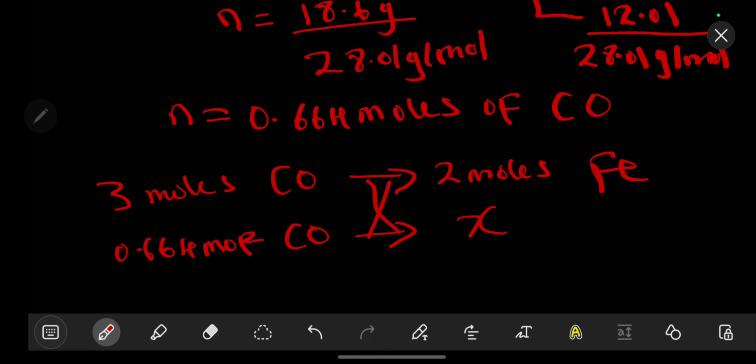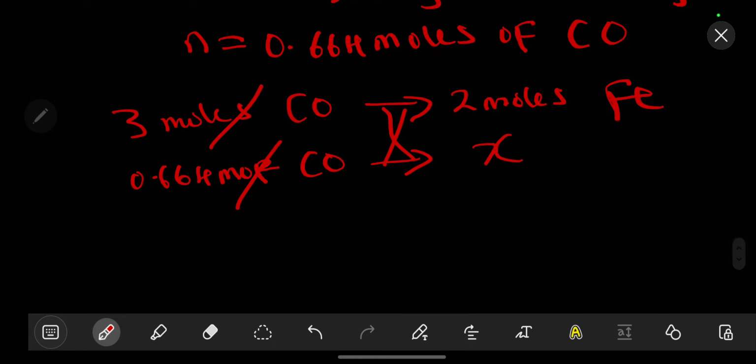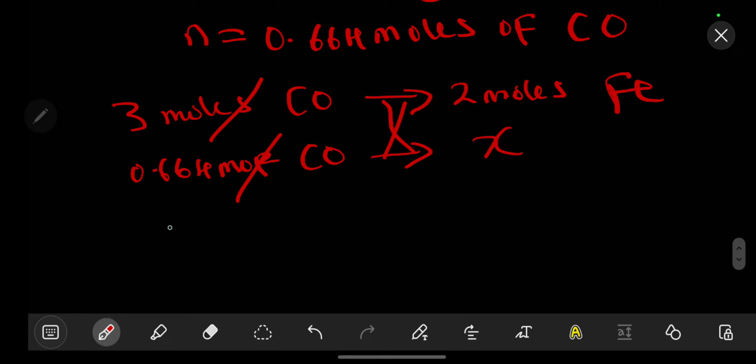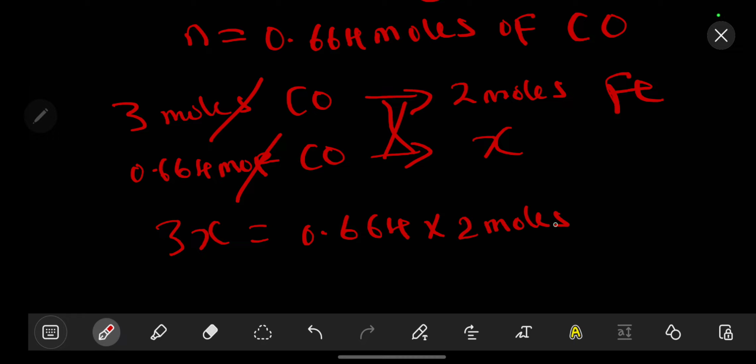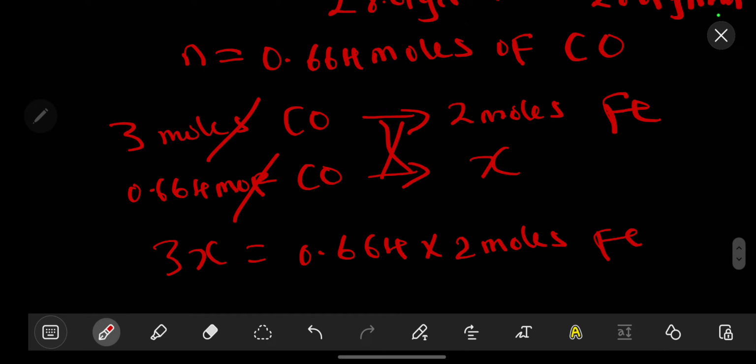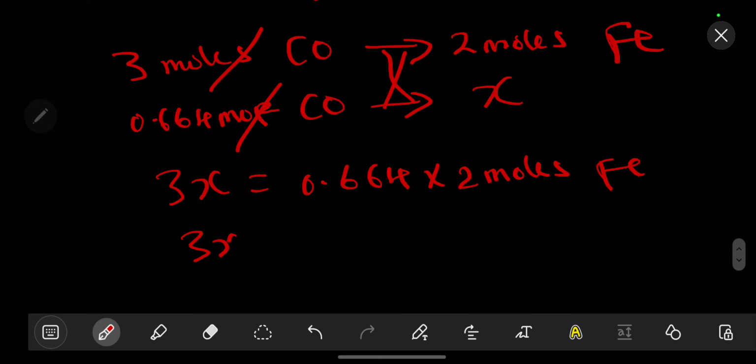Then 3 times x, so our 3x should be equal to 0.664 times our 2 moles of Fe. 0.664 times 2 gives us a value of 1.33.